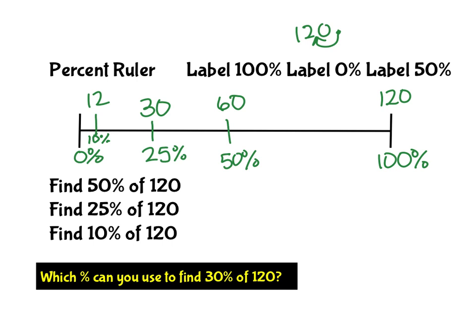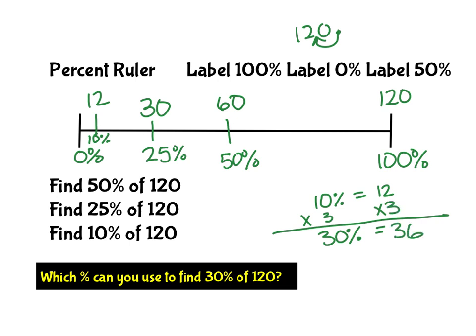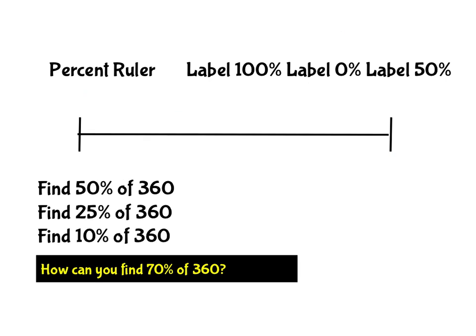And then it says, which percent can you use to find 30%? Well, I want to use my 10%, and I would multiply that times 3 to get 30%. And 10% equaled 12, and I will multiply that times 3 as well and get 36. So 30% is 36.